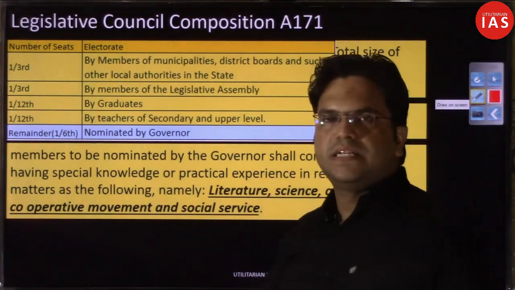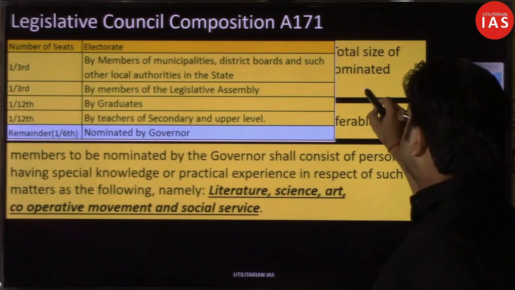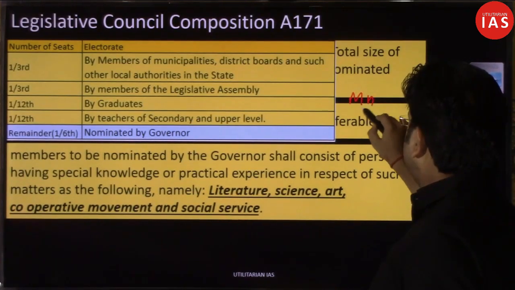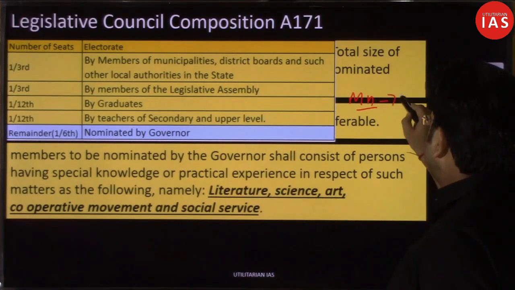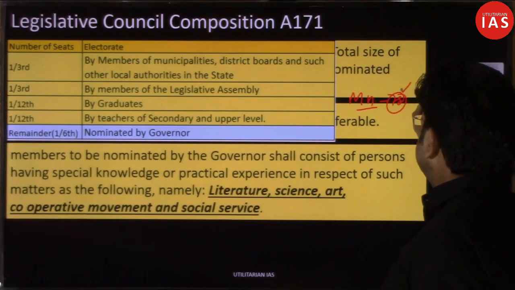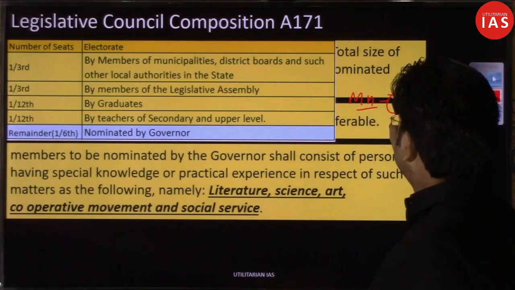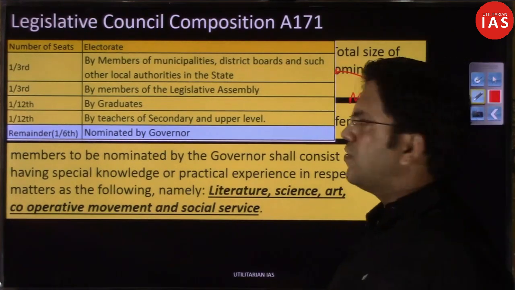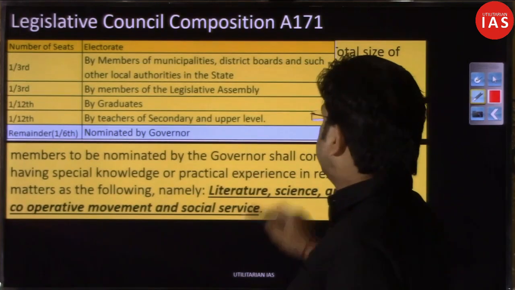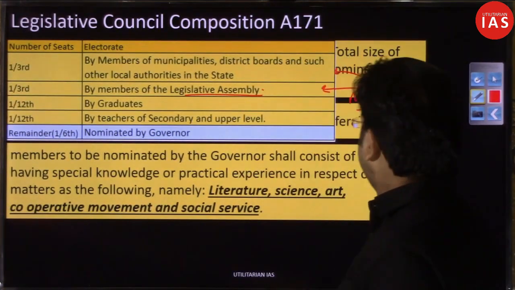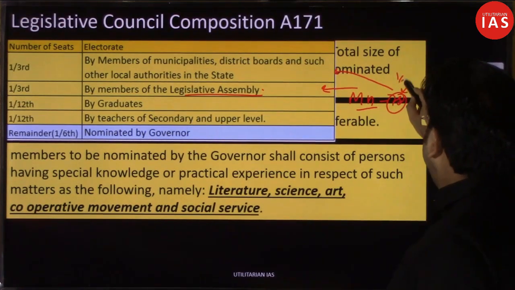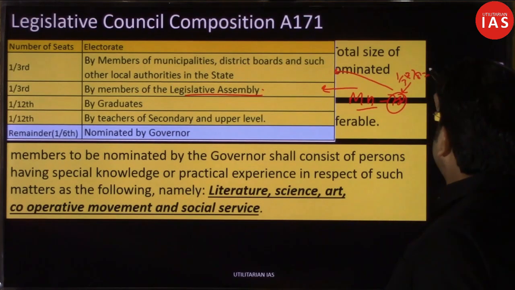So whatever the legislative assembly and legislative council size has been discussed, out of that size, suppose I take the example of Maharashtra, the legislative council size is 78. Out of that 78, 1/3 of the members will be elected by the legislative assembly members. 1/3 of 78 will translate into 26, right?